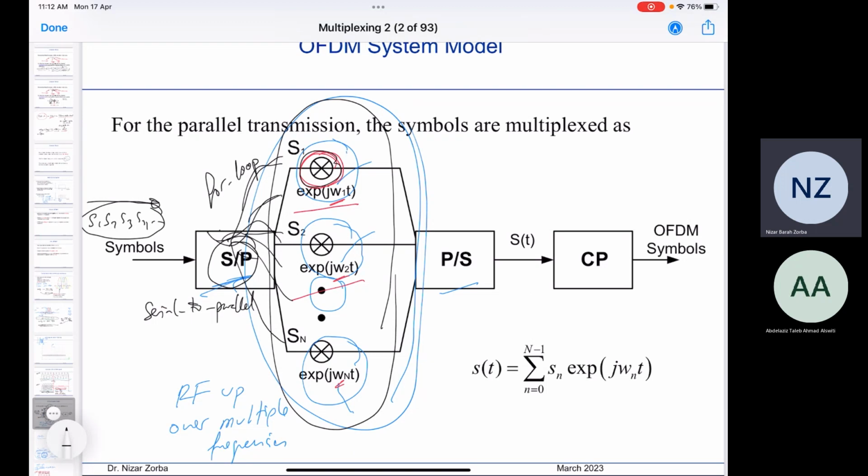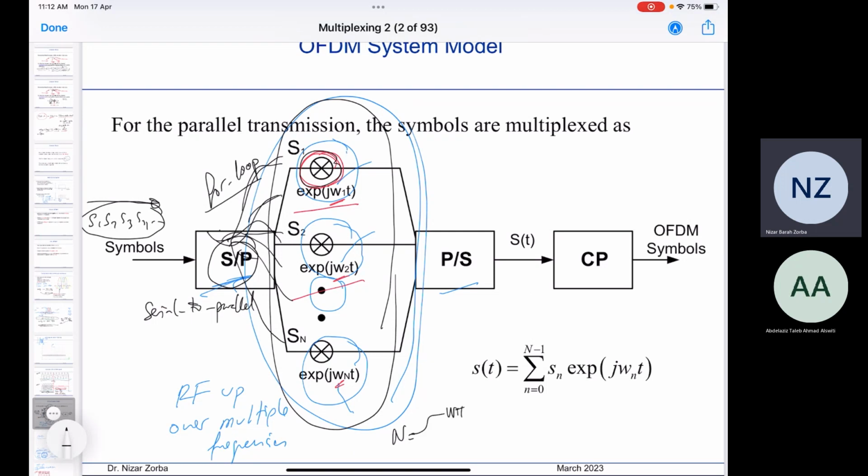Good. So we have here this for loop. After we do it, how much is the N? Do you remember the typical value for N in a practical system?